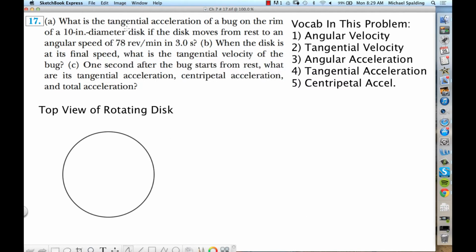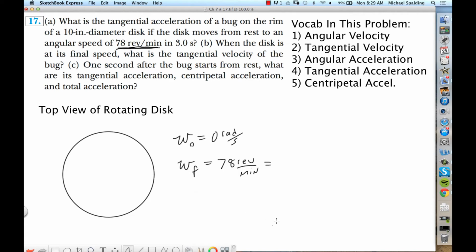All right, so here's the info we have. The disk starts at rest. Angular velocity initial is 0. I'm going to do this in radians. Angular velocity final. This disk speeds up to an angular velocity of 78 revolutions per minute. We need to convert this into radians per second.